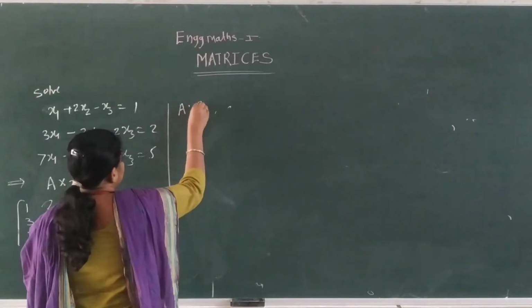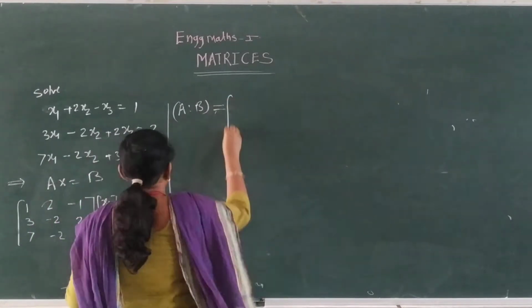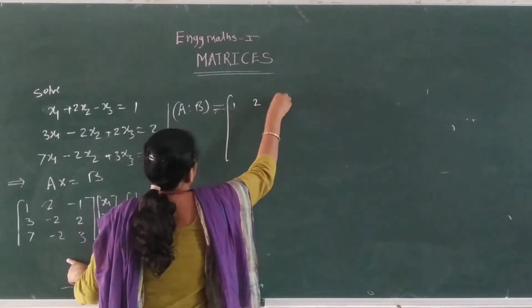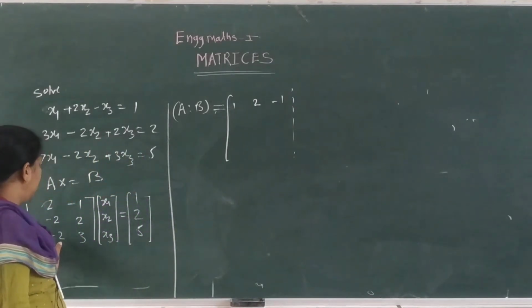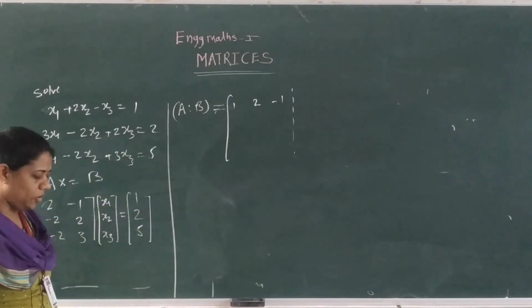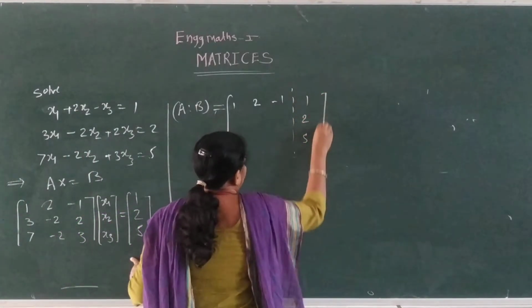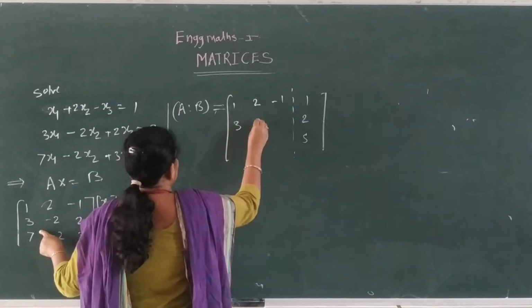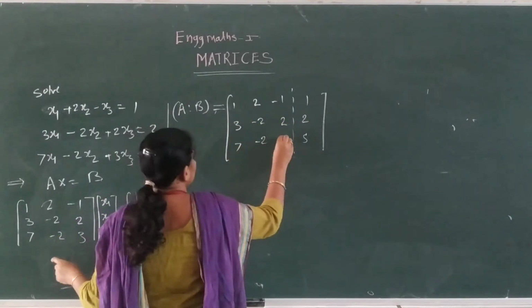First write the augmented matrix AB equals 1, 2, minus 1, 1; 3, minus 2, 2, 2; and 7, minus 2, 3, 5. Augmented matrix means combining the coefficient matrix and the constants on the right side of the equations.